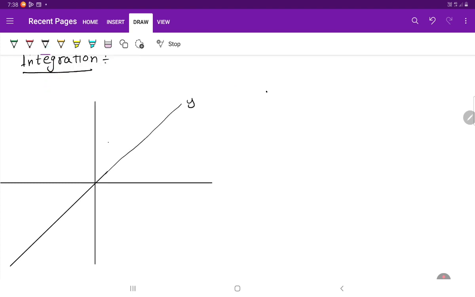Suppose this is the line y equals mx, and this angle theta, tan theta, is equal to m. Now if you are told to find the area between x1, where x1 lies on the positive x-axis, and x2, then can you tell me the area of this shaded region that I'm marking with blue color?